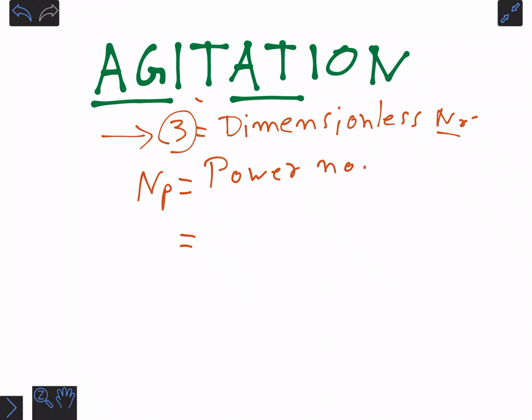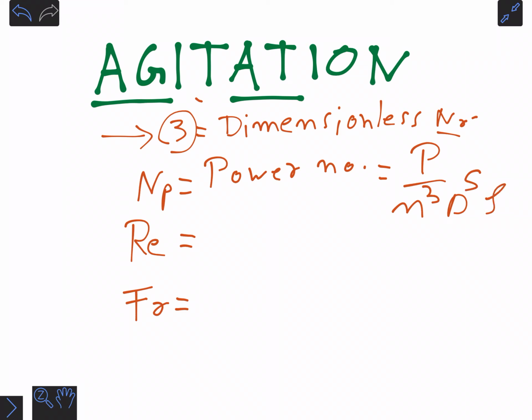And the next is the Reynolds number. You might already know about this Reynolds number. It is very frequently encountered in the fluid mechanics subject. And another is the Froude number. The power number implies P by n cube d to the power 5 rho, while the Reynolds number implies d square n rho by mu.